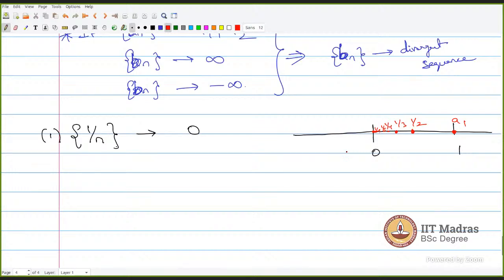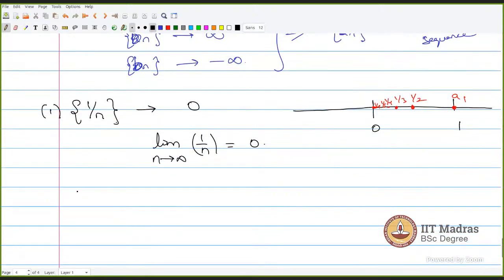Then I can see that it is approaching a unique value 0. So I conclude that this limit exists, and limit n tends to infinity of 1 by n is equal to 0. Let me take another example: minus 1 by n square.